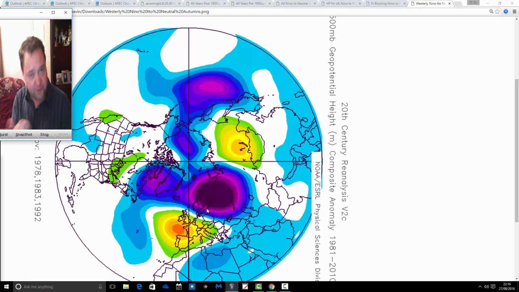And I think quite a few of the drivers are in a very similar situation to how they were in 1983 as well, particularly in terms of what the broader Pacific Ocean is doing.